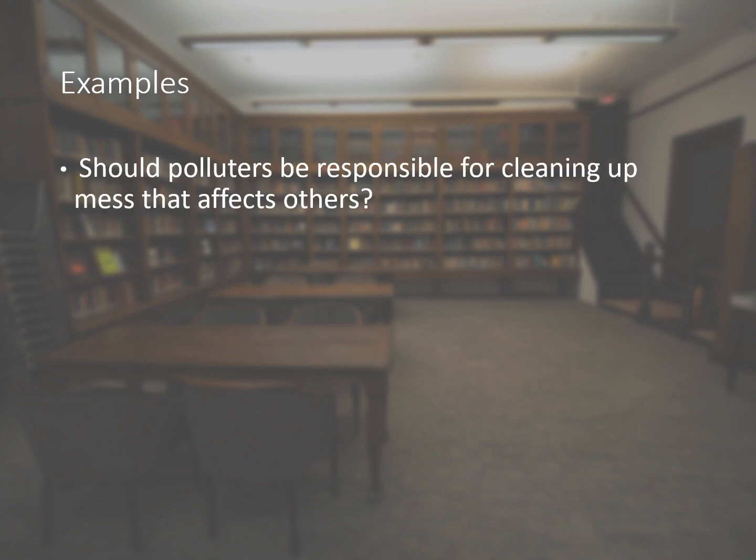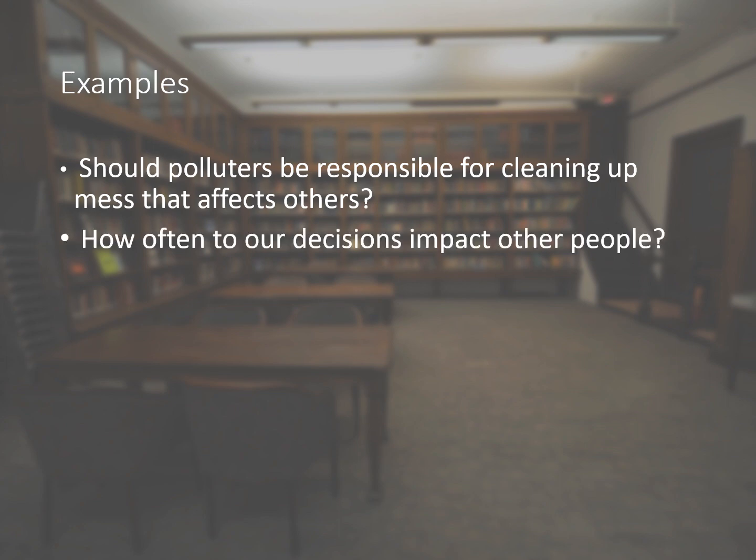First, some real-world examples of potential externalities and questions that we should answer. First, should polluters be responsible for cleaning up a mess that affects others? This is an externality question. How often do our decisions impact other people?